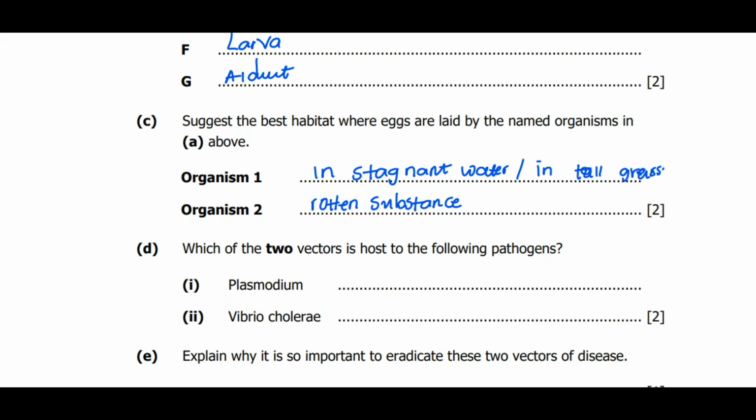Then which of the 2 vectors is host to the following pathogens? Between the mosquito and the housefly, which one is the host? For Plasmodium, we know that a Plasmodium is a pathogen. A pathogen is a microorganism that has the ability to cause infection. Plasmodium lives in a female mosquito, so we'll say Anopheles mosquito.